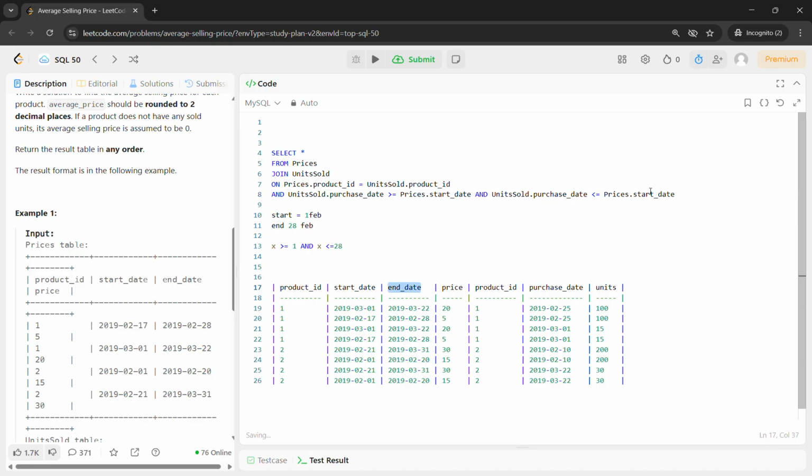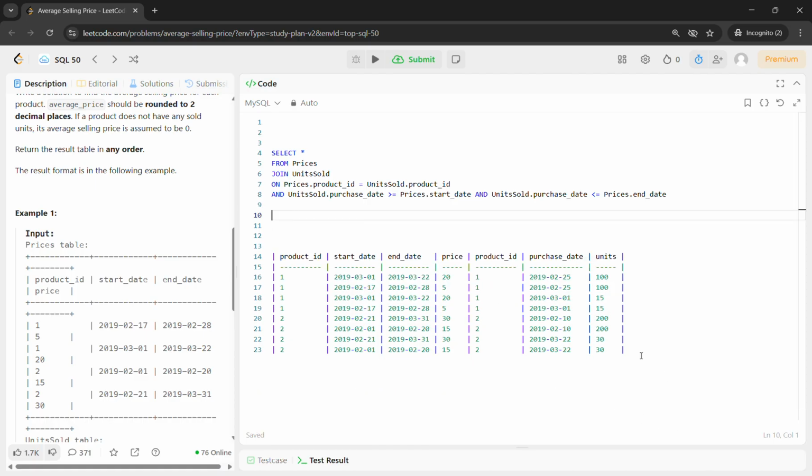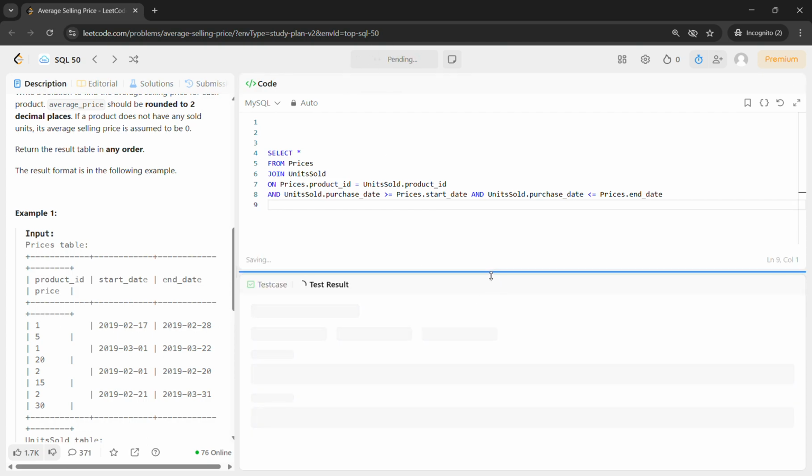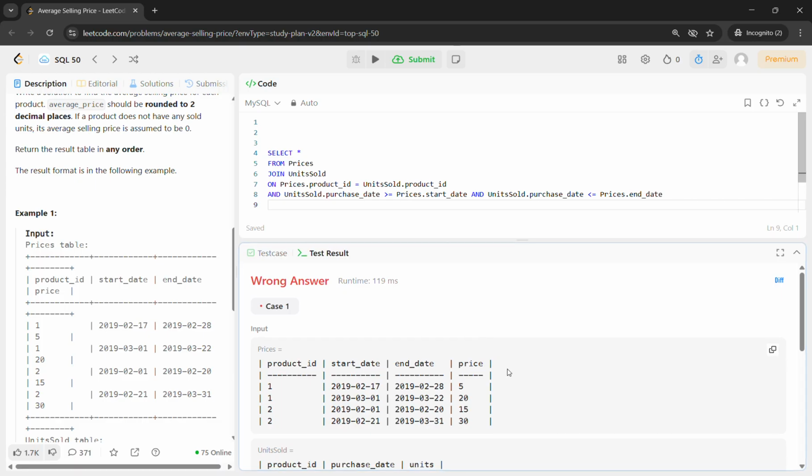So this will be the other condition, right? So let me remove this one, and let's see what we are getting now. We will get the values in the range, according to the purchase date.